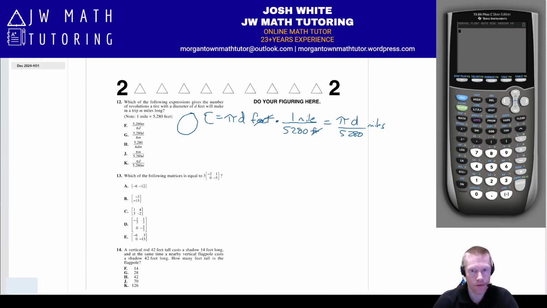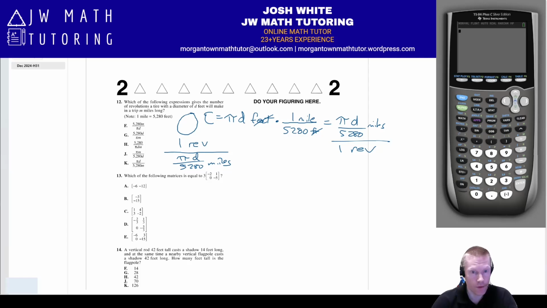So really the way you have to think about this is the number of miles per 1 revolution, however, we need revolutions on the top. So we have to switch it, and say instead 1 revolution is equivalent to pi times d over 5280 miles.